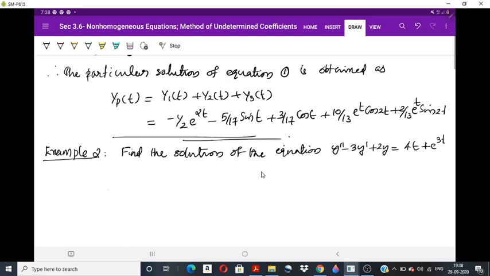So here we have to find the whole solution, that means the general solution. First we have to find the complementary function, that is the general solution of the corresponding homogeneous equation. So we have to write the corresponding homogeneous equation.